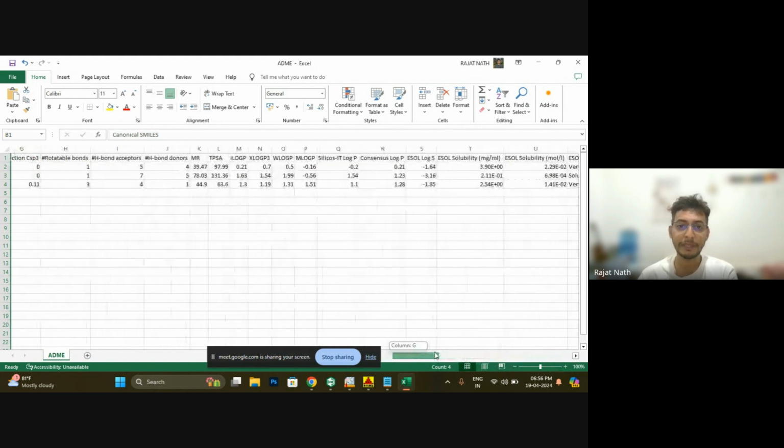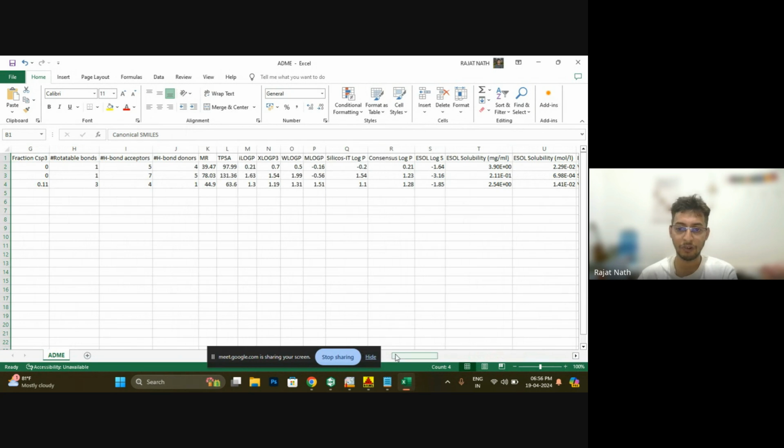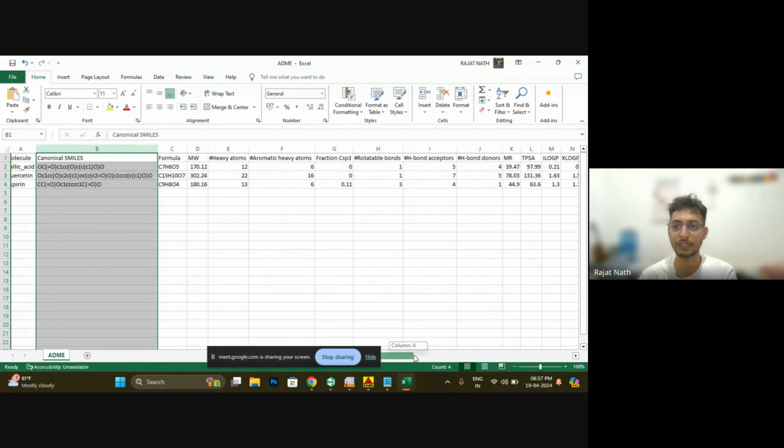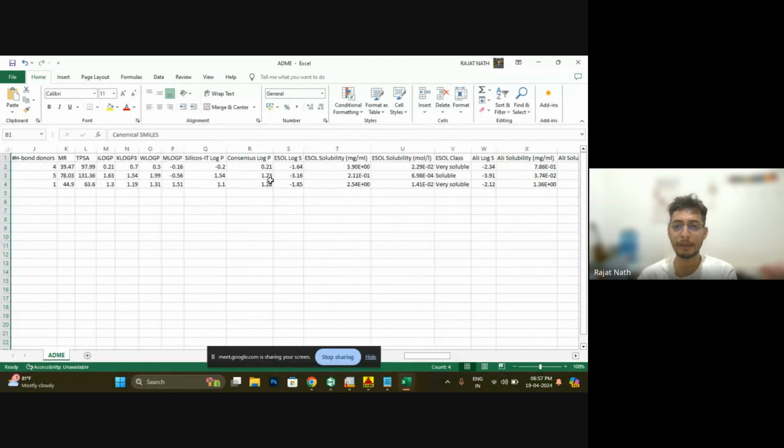So what is the meaning of the different parameters? There are parameters known as heavy atoms, aromatic heavy atoms, fraction, rotatable bonds, hydrogen bond acceptor, hydrogen bond donor. There are so many parameters available in this Excel file. What is the meaning of these parameters? And there is some code. What is the meaning of this code?